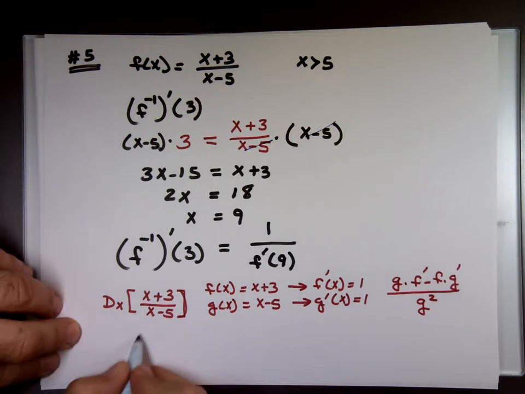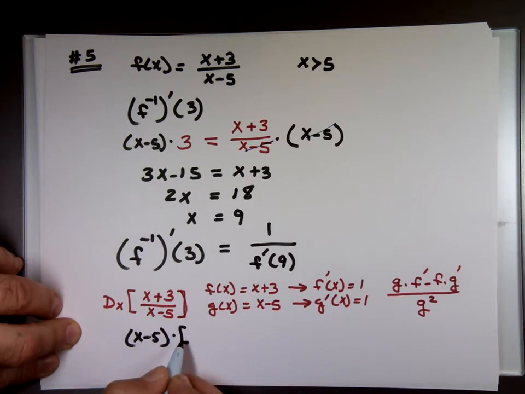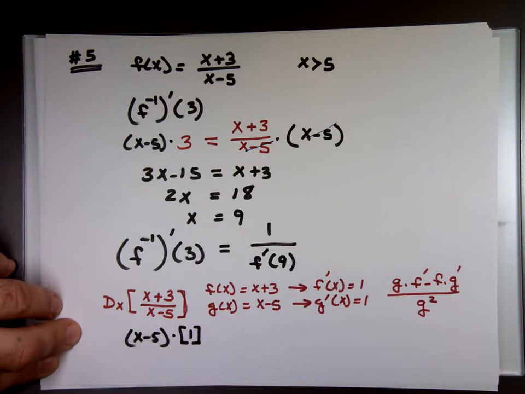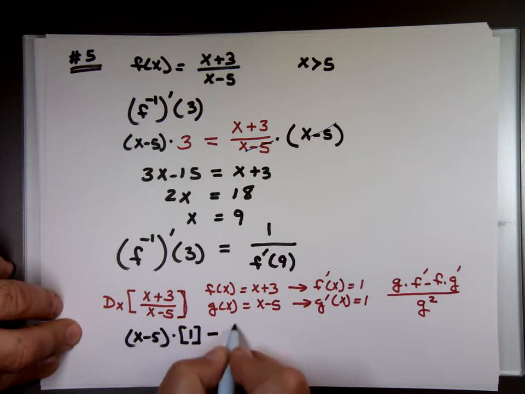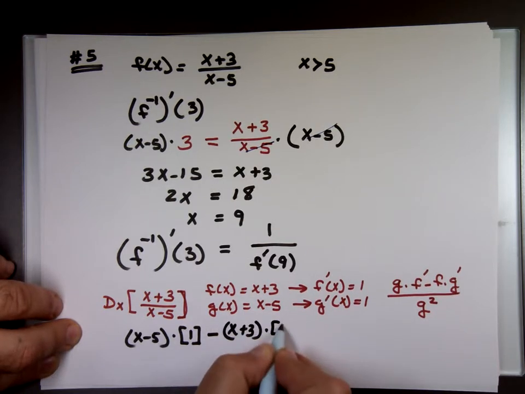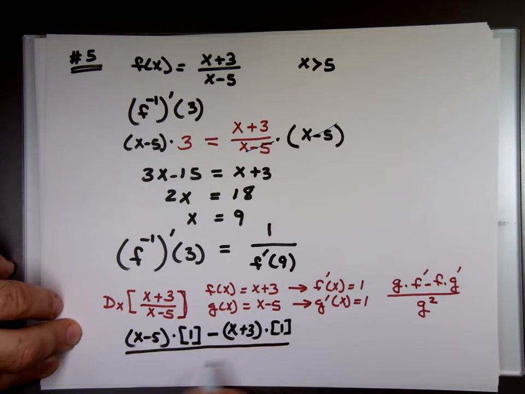X minus 5 times f prime, which is 1, minus f, which is x plus 3, times g prime, which is also 1, all divided by x minus 5 squared.